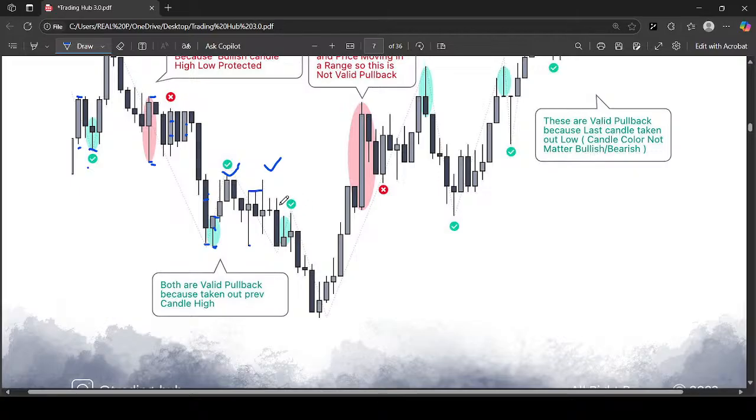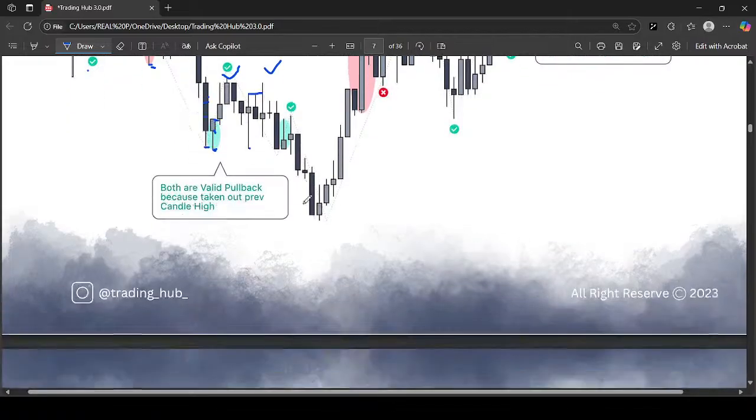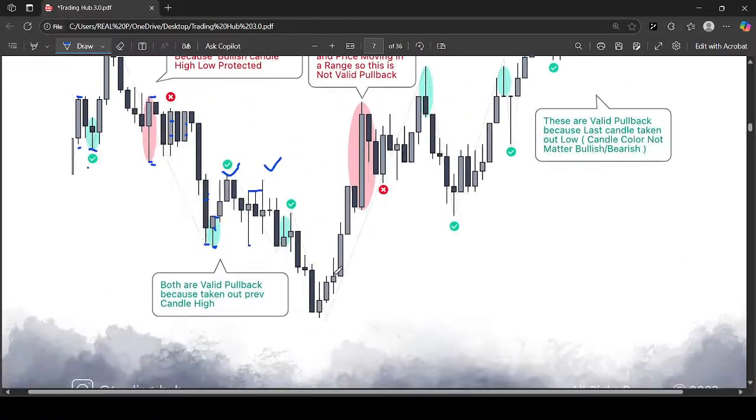So the particular markup is supposed to be here. I think this is an error. Anyway, the markup was supposed to be here, not here, because we actually don't have anything here. So that's that.